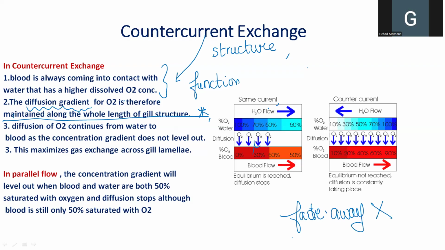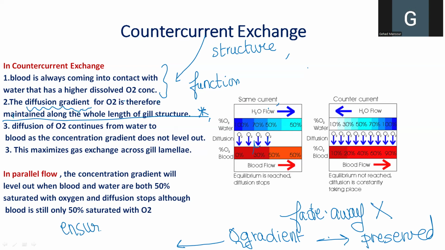The countercurrent system allows this oxygen gradient to be preserved along the length of the gill. If you preserve it, then you ensure continuous diffusion from water to blood, and therefore you are maximizing the function.